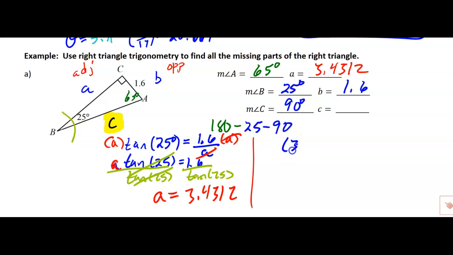So essentially 3.4312 squared plus 1.6 squared, that's A squared plus B squared, equals C squared. 3.4312 squared.